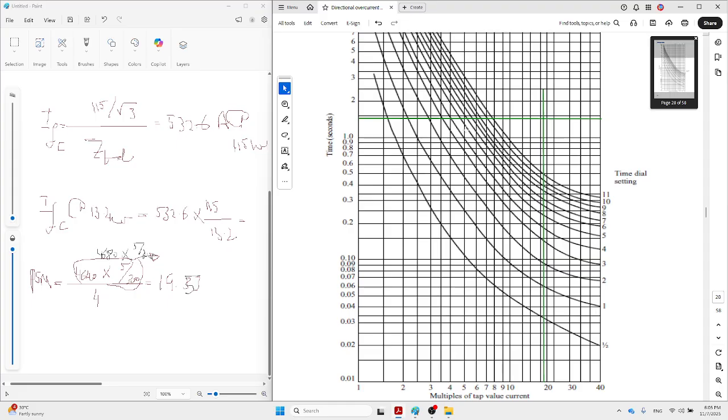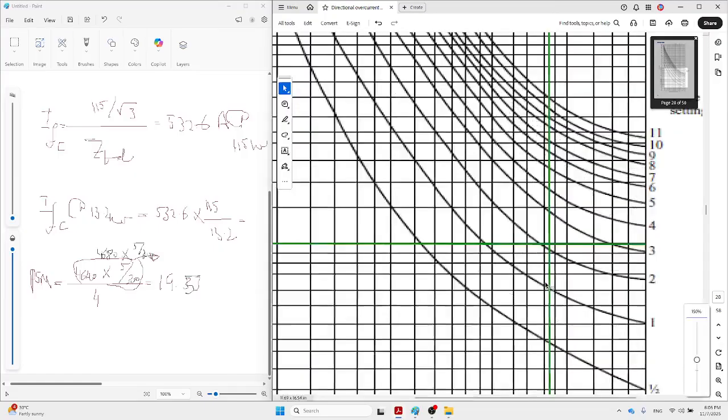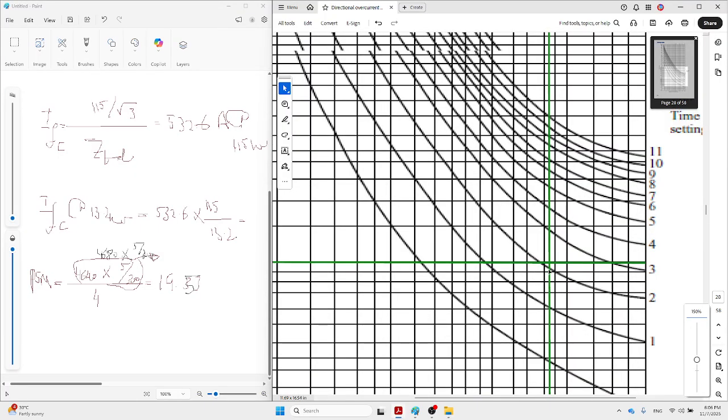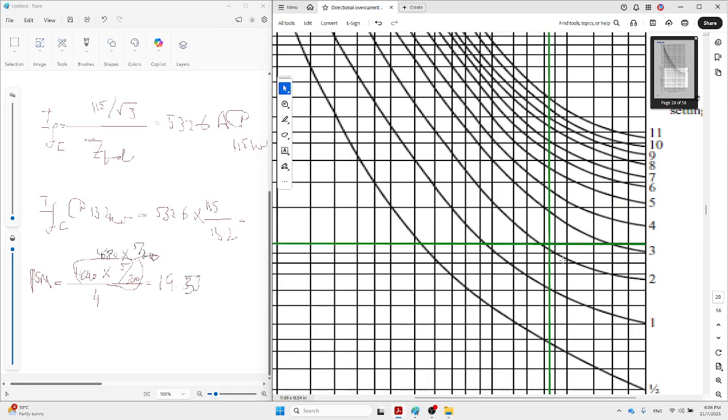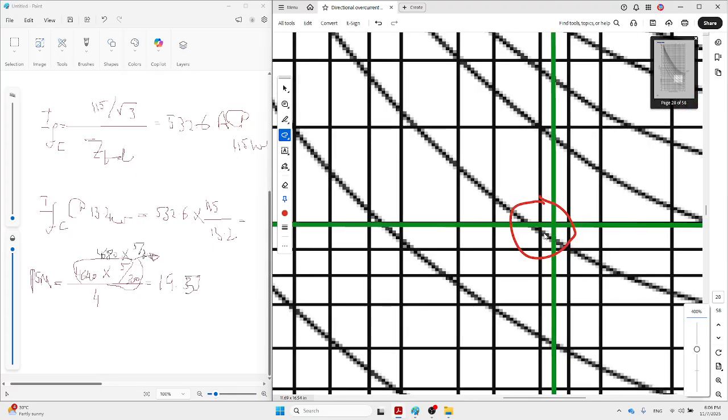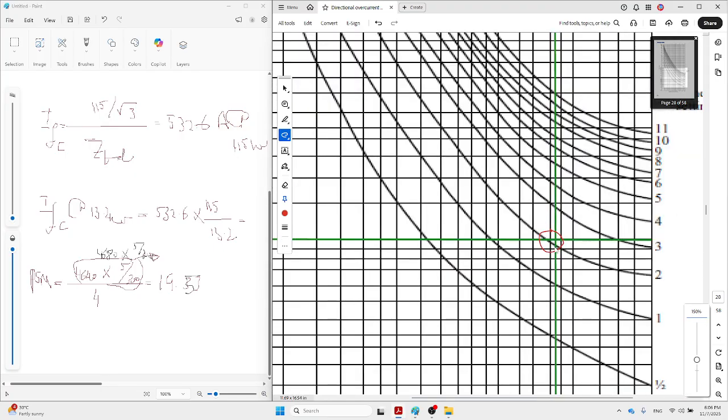The minimum operation time of the relay in the power system can be set as 0.1. Since I zoom in, you can see it's over TSM equal to 2. Just look carefully, you can see it's over. So we cannot choose 2.